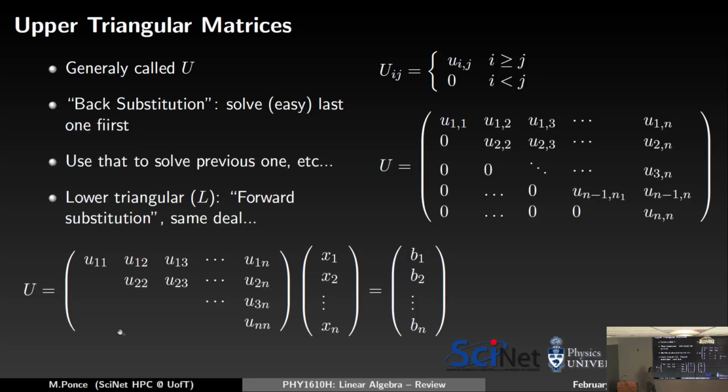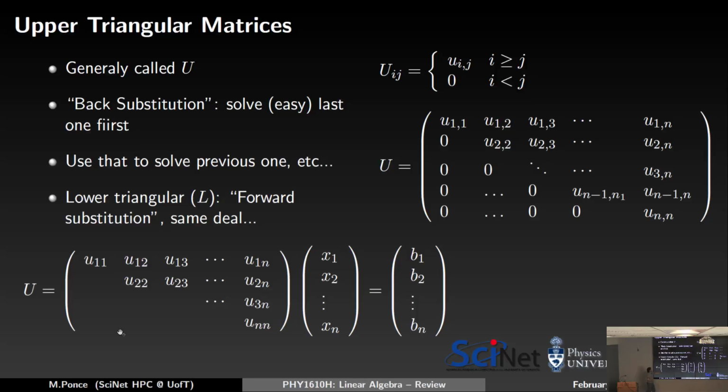We are going to see that even though they sound like artificial matrices, they are not so artificial, because we can actually decompose a general matrix into upper triangular and lower triangular. So in this case, which doesn't look so easy as before, we can still do something smart.